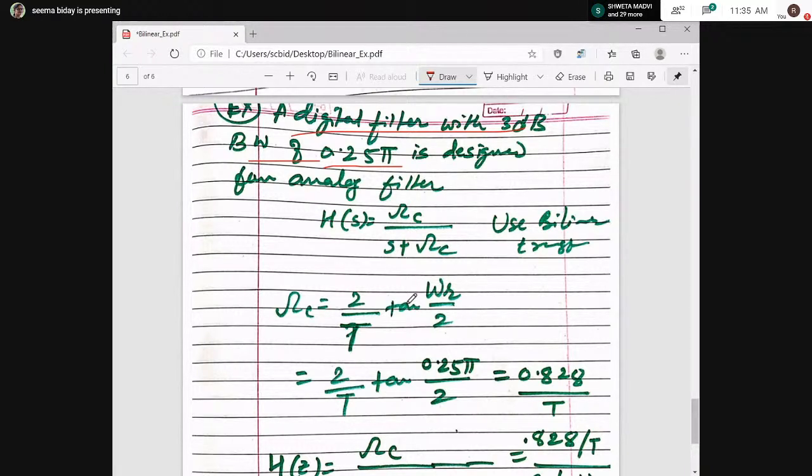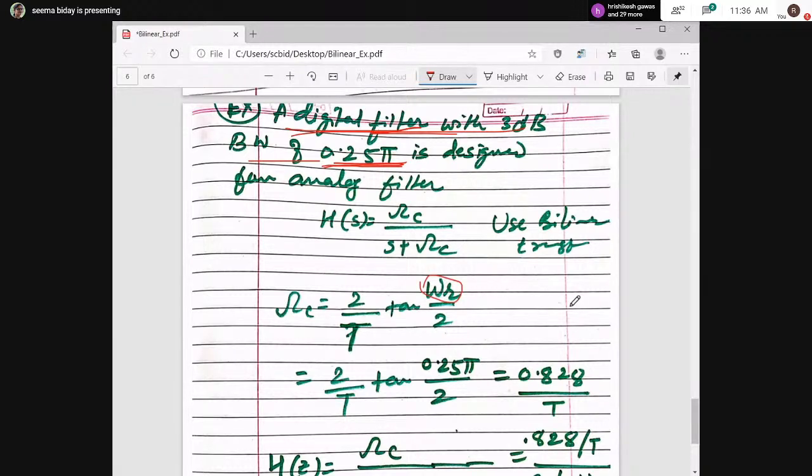See, it is very essential that you should understand what is given, whether you are given analog frequency or digital frequency. Three different types of examples I have given to you. Here, clearly a digital filter with frequency, this one means this is small omega.